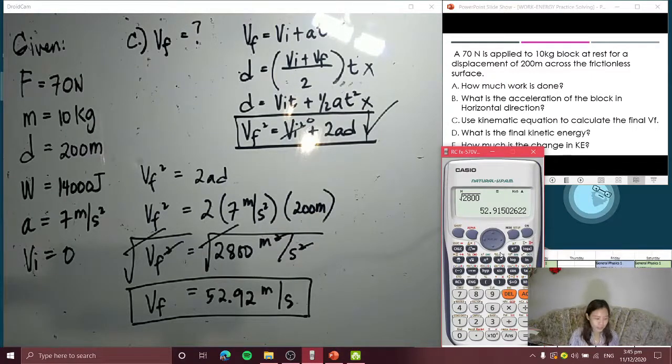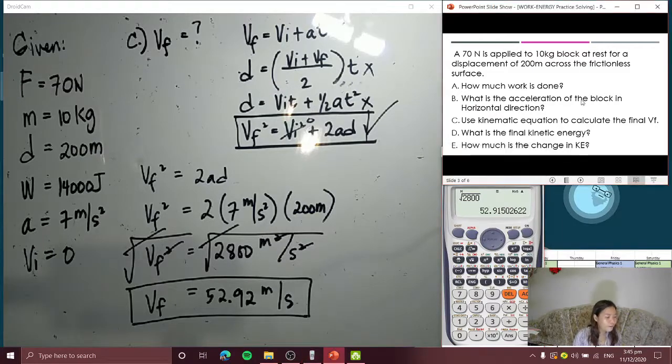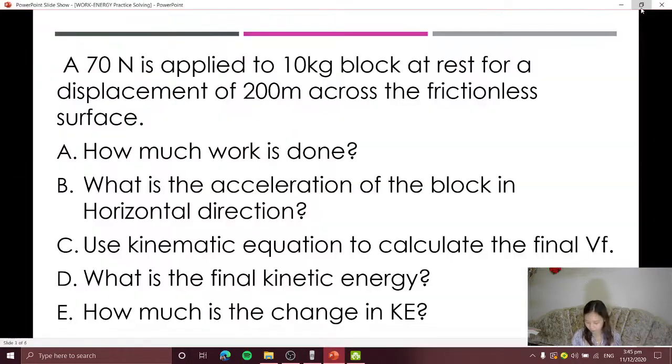Now for letter D, let us solve for the final kinetic energy. So how can we solve for the final kinetic energy? If you can still remember, we have the change in kinetic energy. Change in kinetic energy is equal to the final kinetic energy minus the initial kinetic energy.